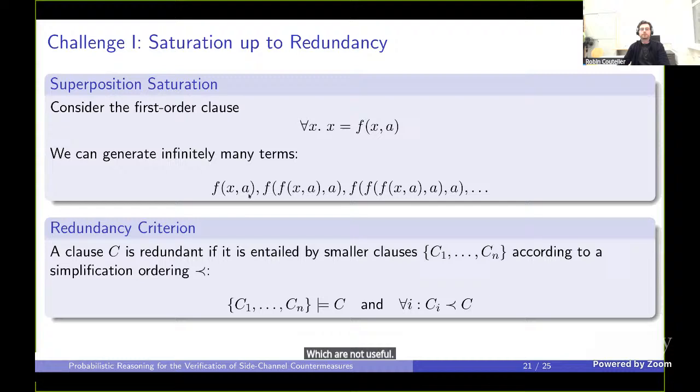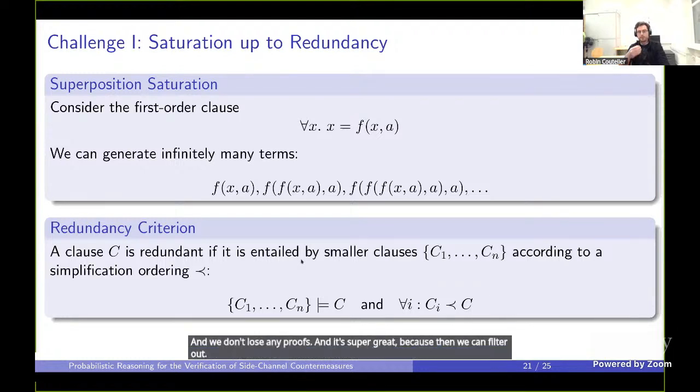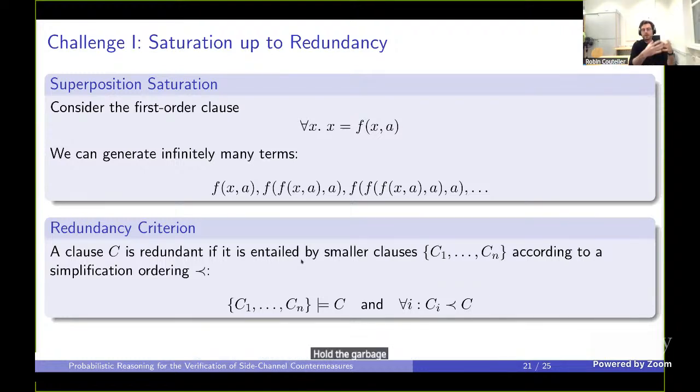So we have those redundancy criteria, which tell us that a clause is redundant if it is implied by smaller clauses than itself in the clause set. And if that is the case, we can get rid of it and we don't lose any proofs. That is super great because then we can filter out all the garbage and only keep relevant clauses.